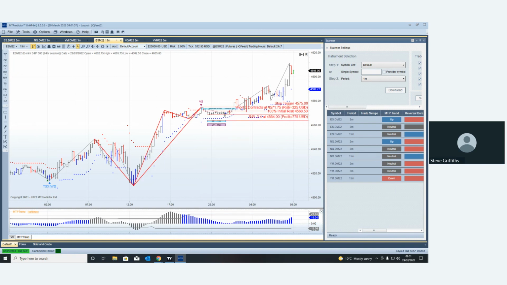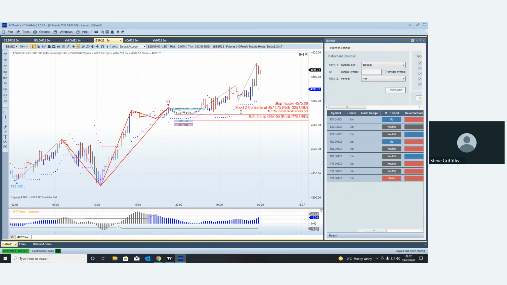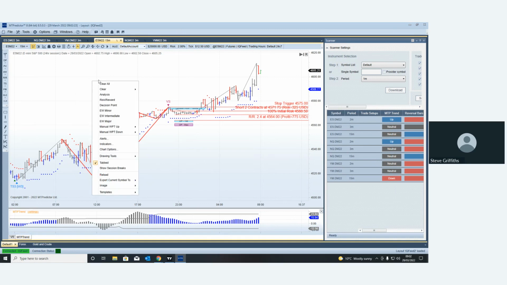This is not a valid one against the blue MTP trend, but I just want to remind you that losses can and will and do occur. But the trick is, when the losses come through, to keep the losses small. So that's the second point. The third point is to try and increase your winners. And this is, I think, the last part that most people find hard: trying to let your winners run. So that's what I want to mainly be focusing on today.